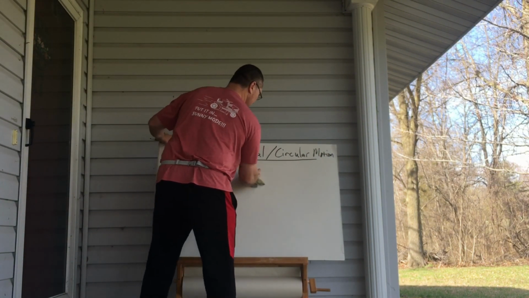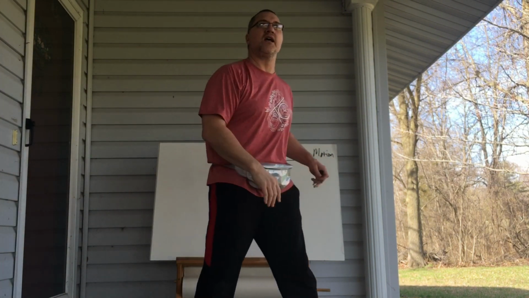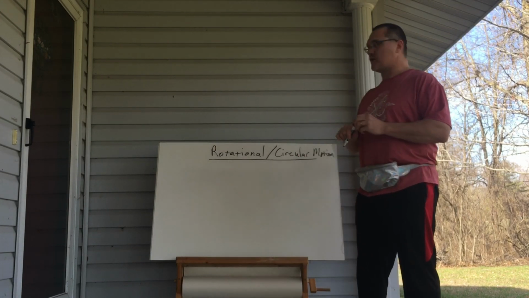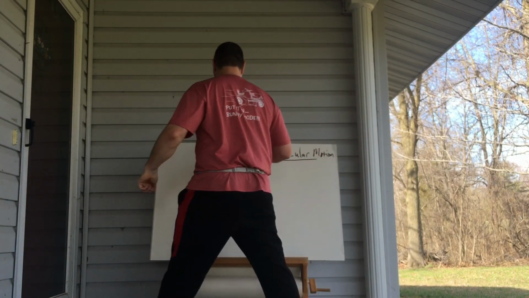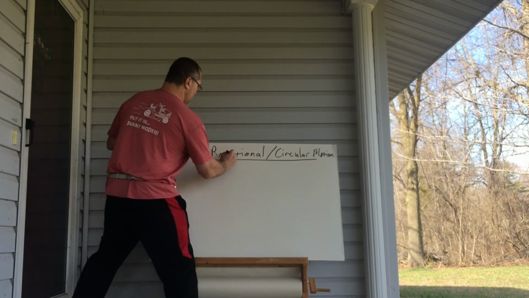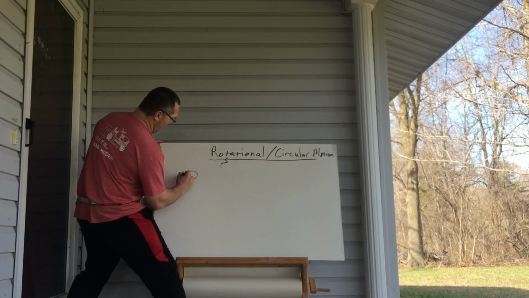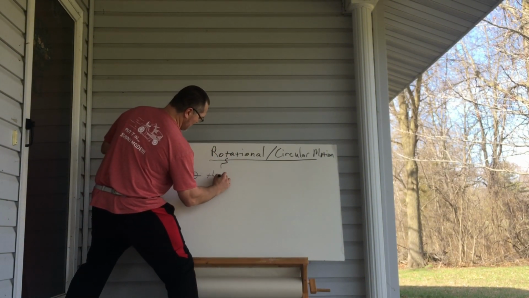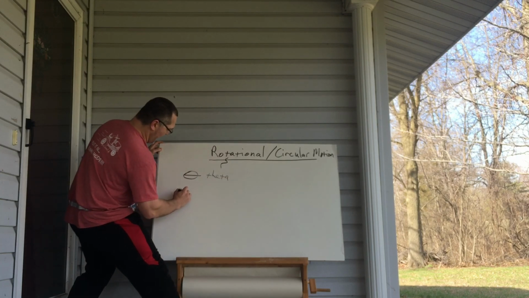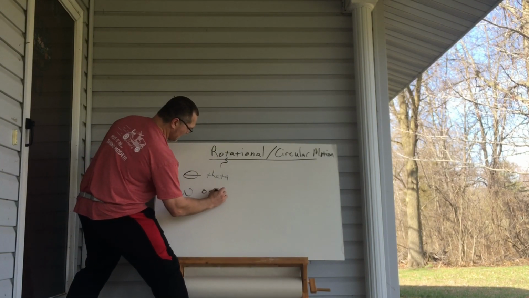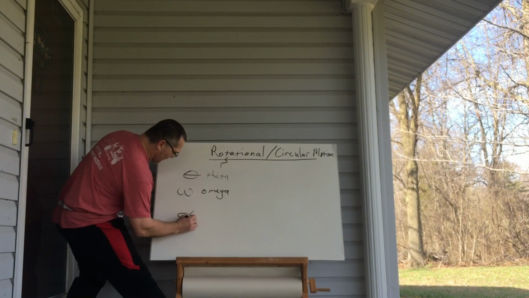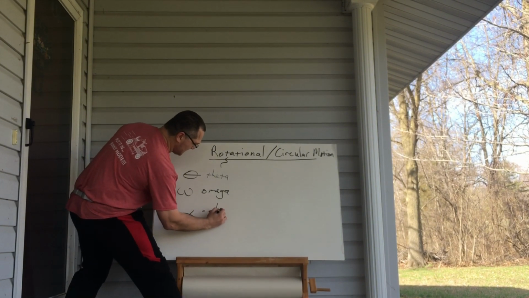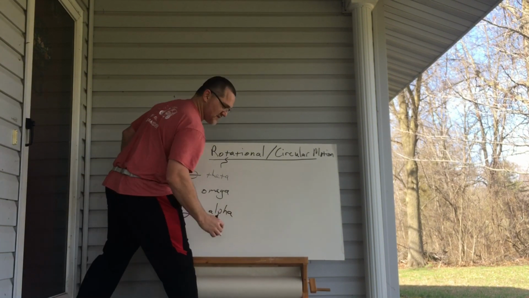So here's the deal. When we're talking about rotational motion, you are going to be talking about different variables. You're going to have theta, you're going to have omega, I call it wombo, and then you're going to have alpha, which I call Jesus fish.